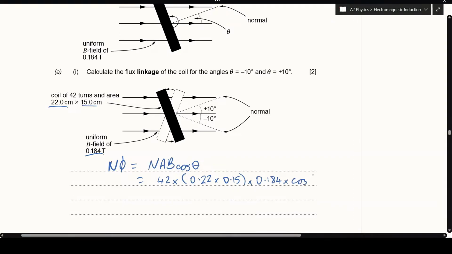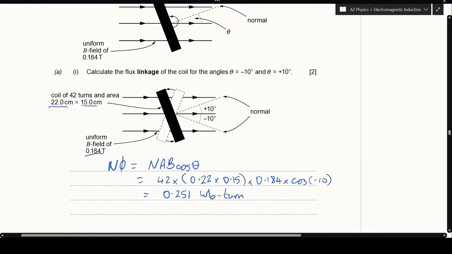and I'm going to start with the -10 degrees. We put those numbers into a calculator, we end up with 0.251, or 0.25 will be precise enough, I think, and that would be Weber turns, or just simply Webers if you like.